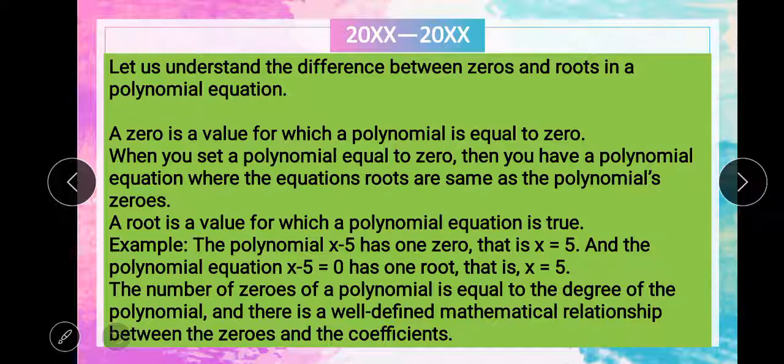Example, the polynomial x minus 5 has only one zero, that is x equal to 5, and the polynomial equation x minus 5 equal to 0 has one root, that is x equal to 5. The number of zeros of a polynomial is equal to the degree of the polynomial, and there is a defined relationship between the zeros and coefficients.